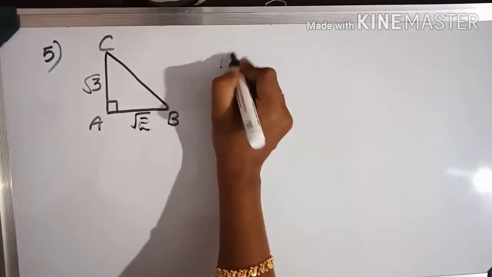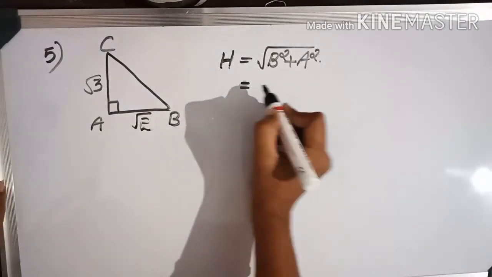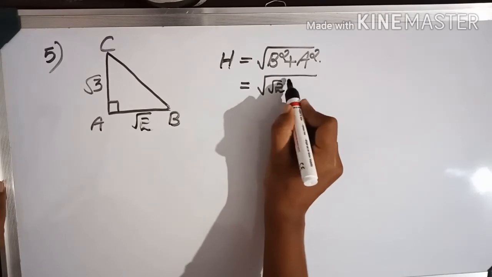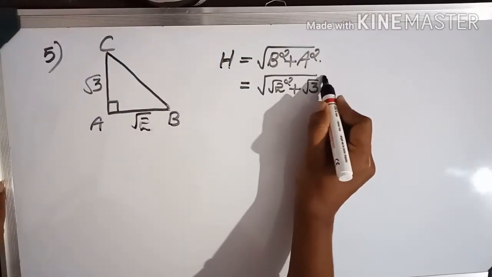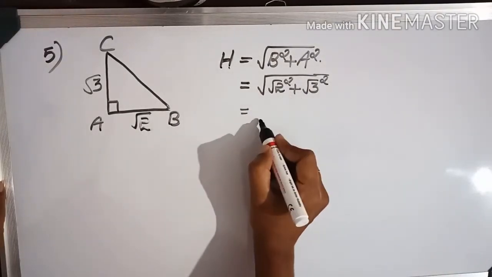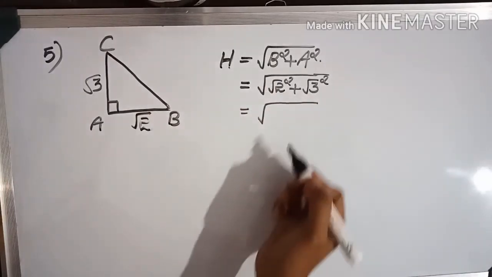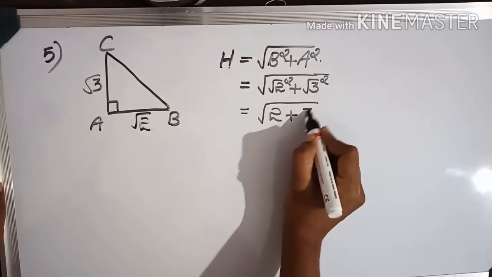So the hypotenuse equation is what? The hypotenuse is equal to the root of base square plus altitude square. Base means root 2, so root 2 square, plus altitude root 3 square. And I told you when root and square come together you can cancel them. So we can write the number as 2 itself here, plus root 3 square means it is 3.